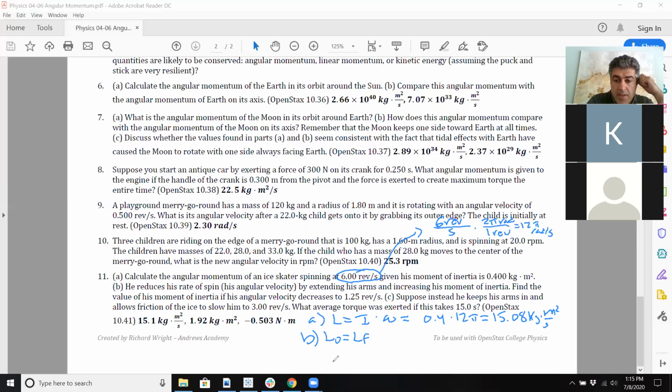So initially, the momentum was 0.4 times the angular velocity.